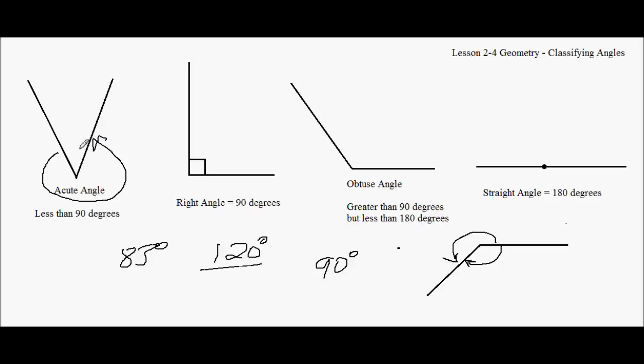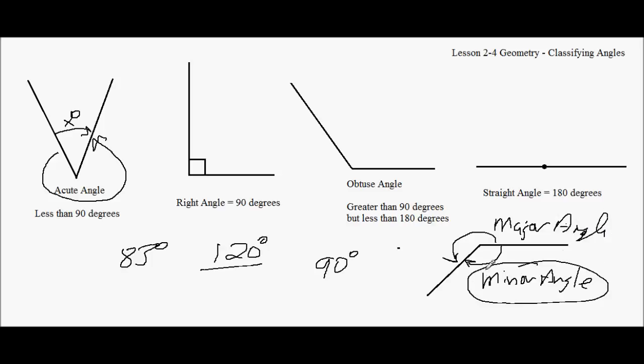Why do we measure this? Well, we came up with an idea and said, we'll use the smaller one, and we call that a minor angle. We call this one the major angle. And for convenience purposes, we always assume we're measuring the minor angle.